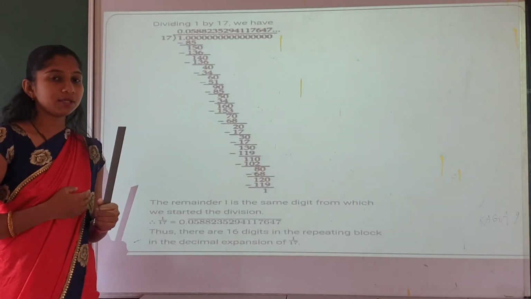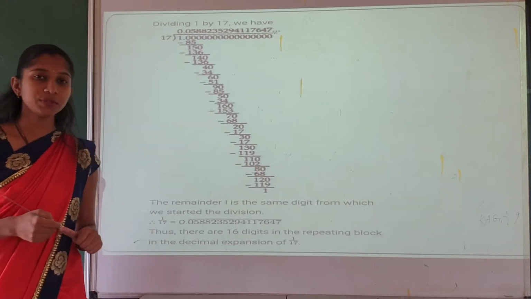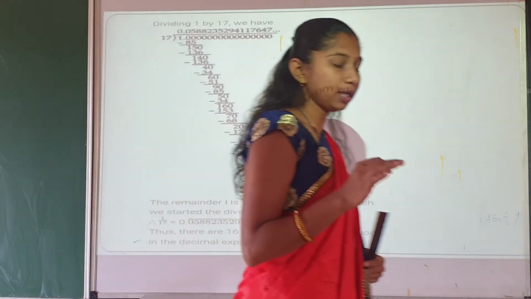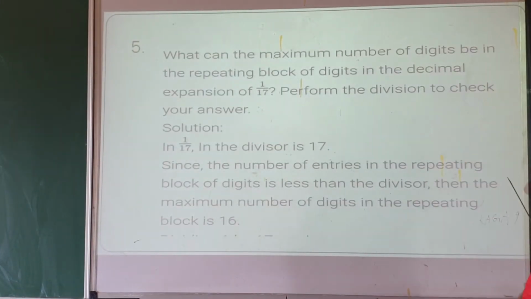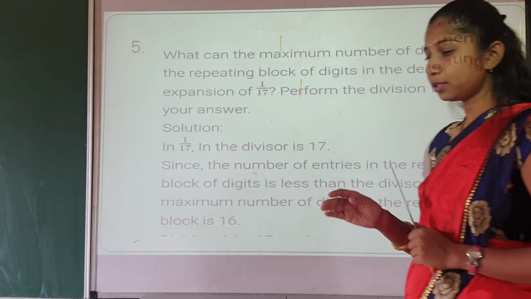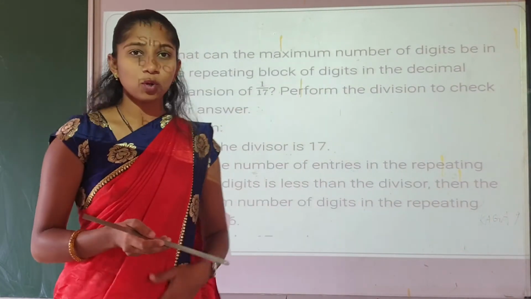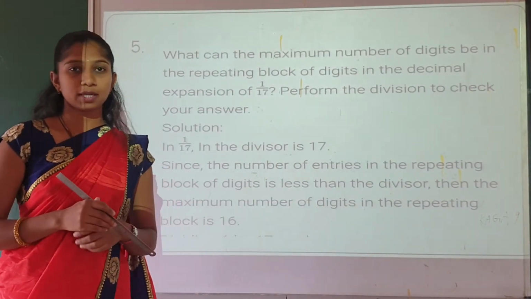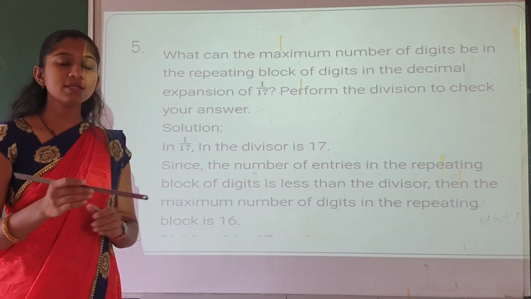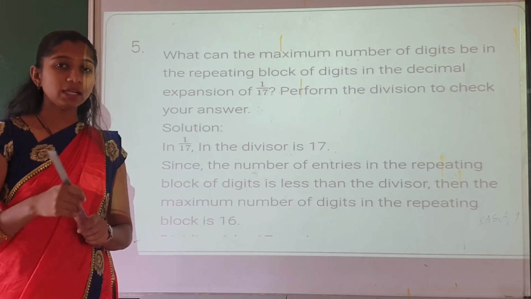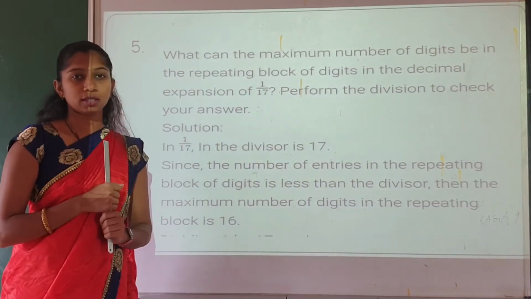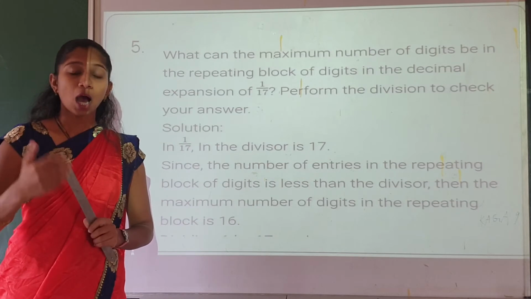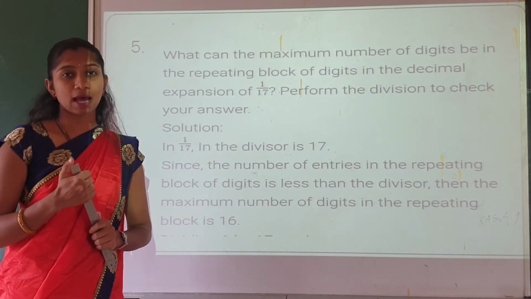In the continuation, whatever the third problem we discussed, in that we discussed converting the decimal expansion into a rational number. What is the fifth problem? This is somewhat different. By looking at the denominator, we have to find out how many repeating digits are there.